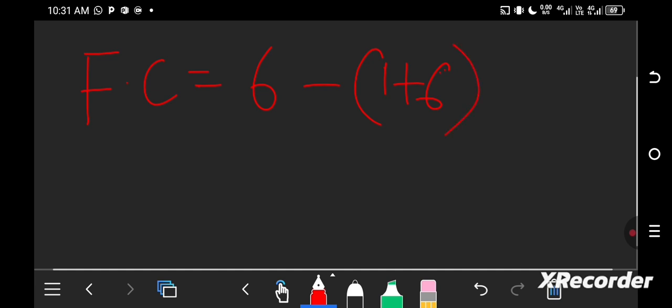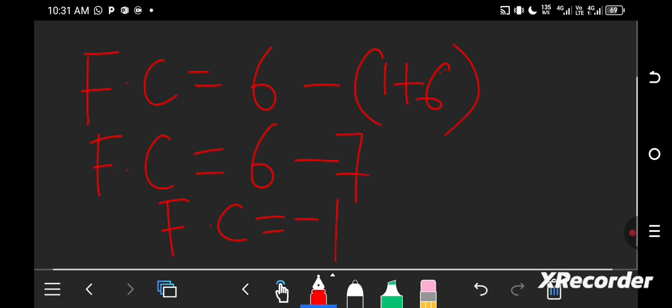So let's calculate the formal charge. So the formal charge will be equal to 6 minus 6 plus 1, that is 7. So we're getting formal charge is equal to 6 minus 7, that is giving us -1.